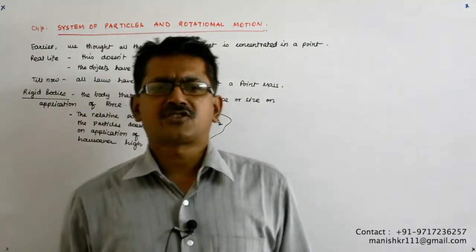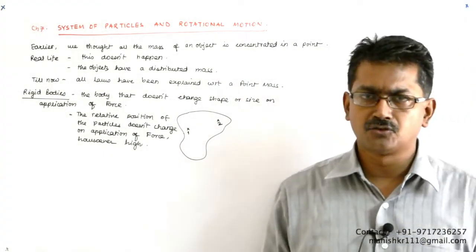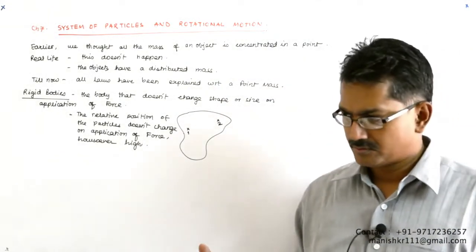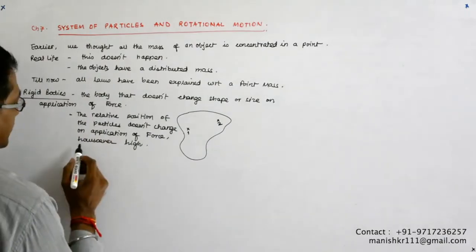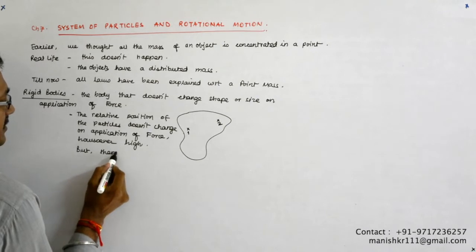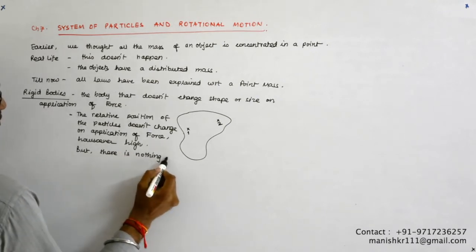Now we very well understand that is not possible. There is nothing in this world that will not break under some tremendous force. Fine. So there is nothing like a perfectly rigid body.